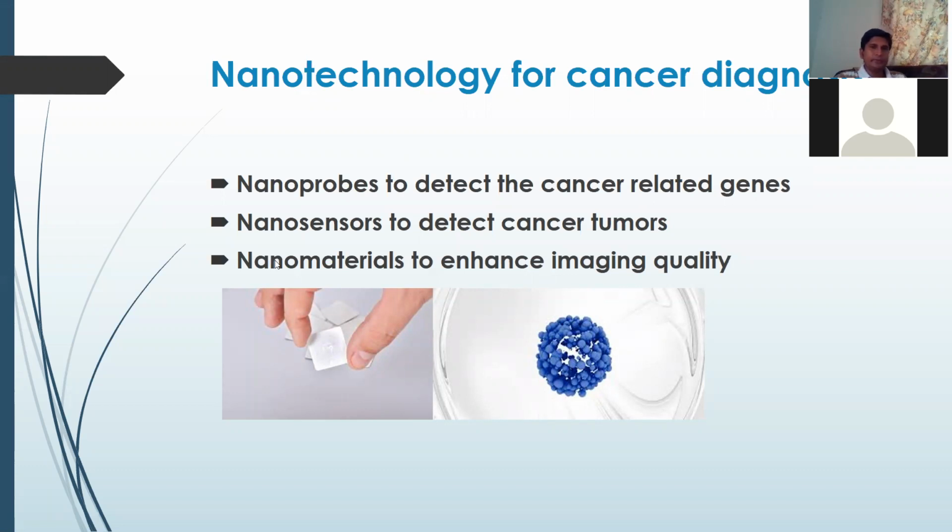Then another nanomaterial-based strategy that could be applied in order to diagnose the cancer is using nanomaterials to enhance the imaging quality. As we have already discussed in the previous slide, a number of imaging techniques are utilized in order to diagnose the cancer, for example CT scan, X-rays, ultrasounds, MRI, and so many other imaging techniques, because we are going to image the tumors that have developed with the cancerous cells.